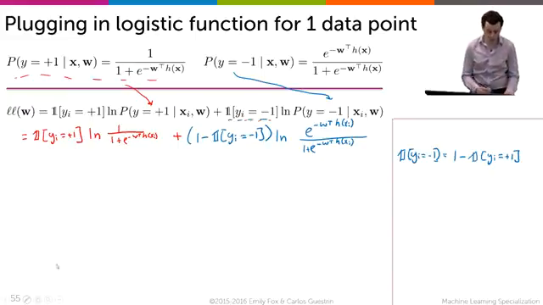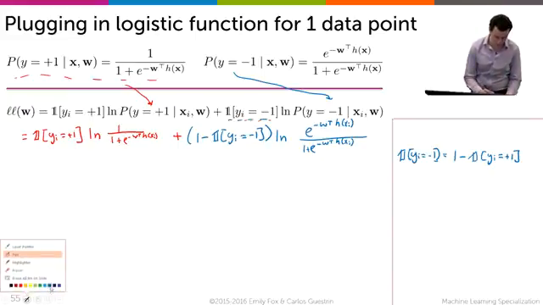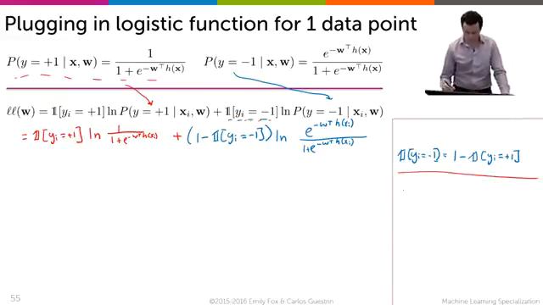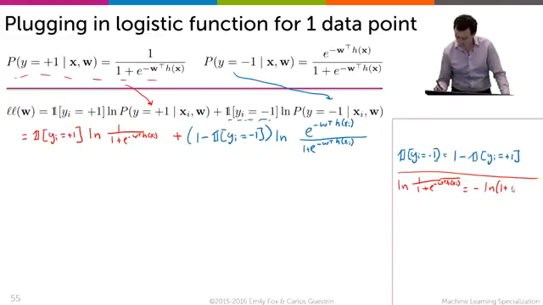Okay, let's go back to our change of colors transformation. We're dealing with the first term, which is the red term. Let's see what the log of 1 over 1 plus e to the minus w transpose h of xi looks like. The log of 1 over something turns out to be minus the log of something. And the something here is 1 plus e to the minus w transpose h of xi.